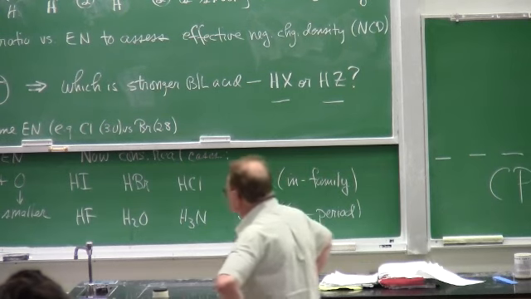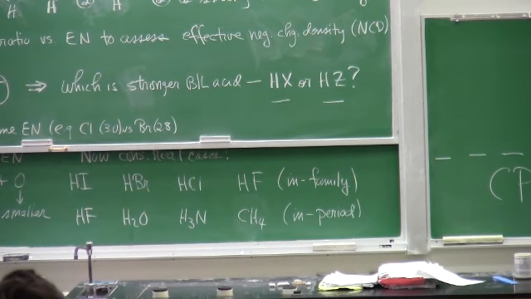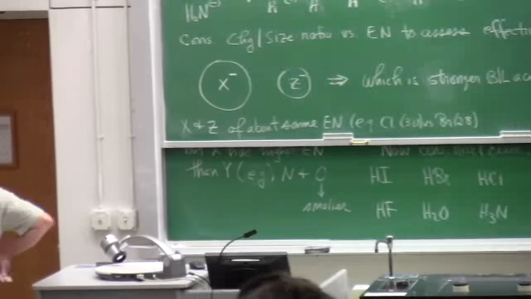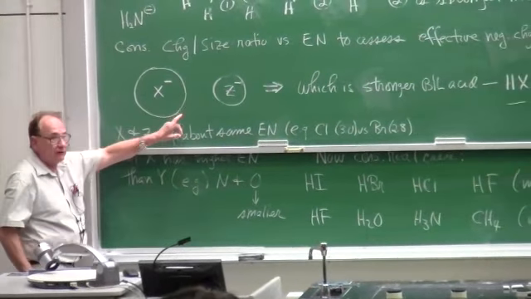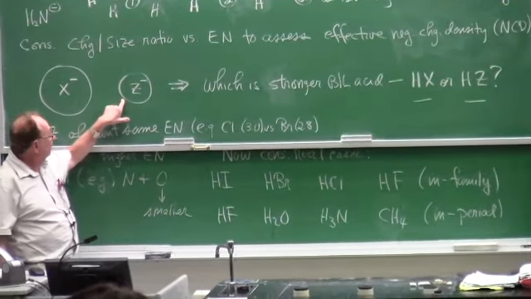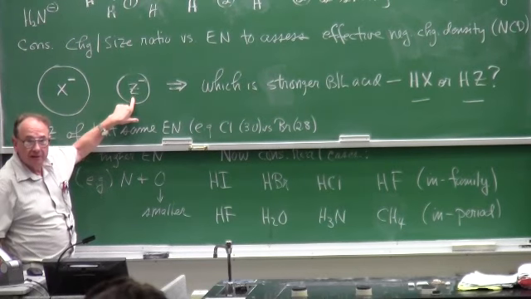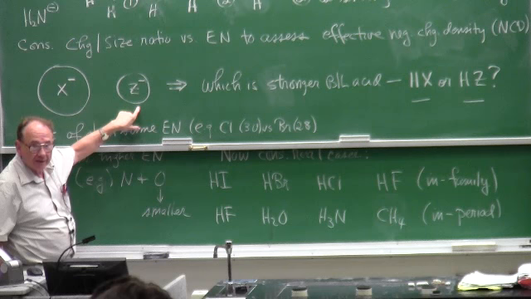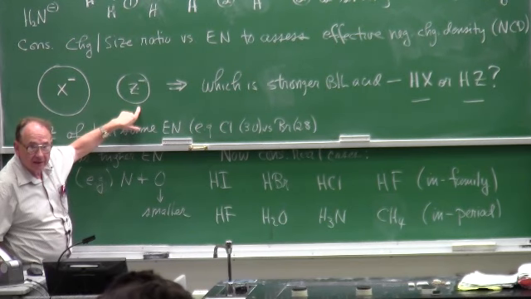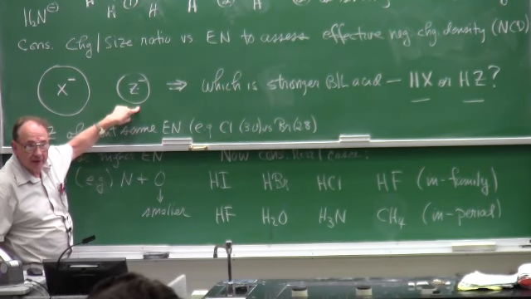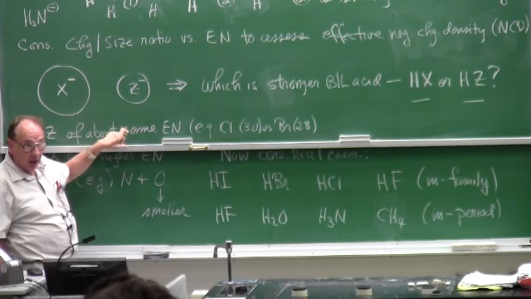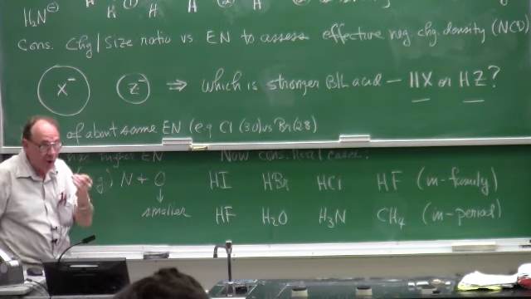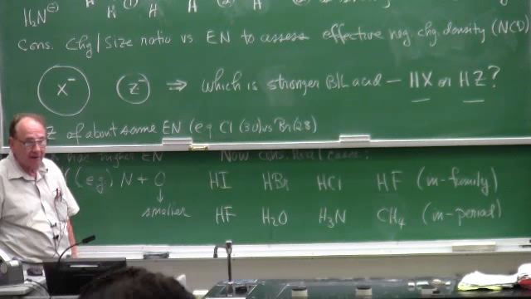Well, if we apply that to this case and recognize that Z minus has the much greater negative charge concentration, that means Z minus is the stronger or weaker base if it's got the greater negative charge concentration. Stronger base or weaker base? Stronger. It's got more negative charge concentration.